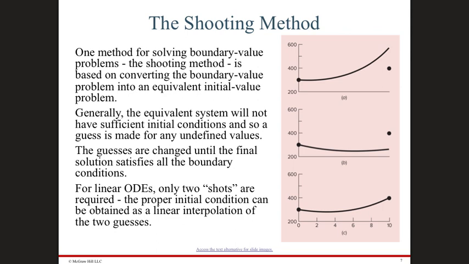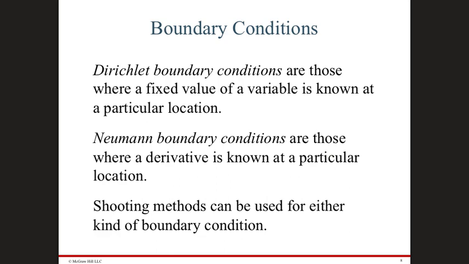The other option is if I know that my system is a linear system, right? For example, those equations that we had here were linear differential equations. So in that case, I need two guesses, whatever values they give me.